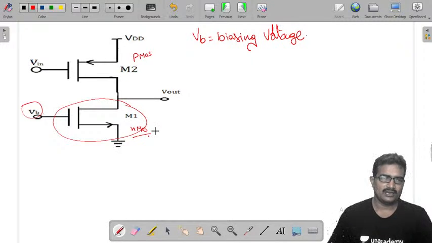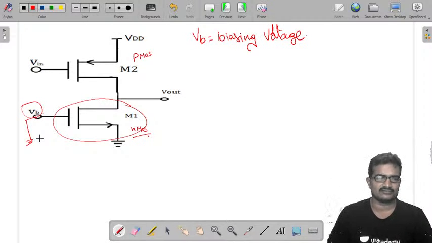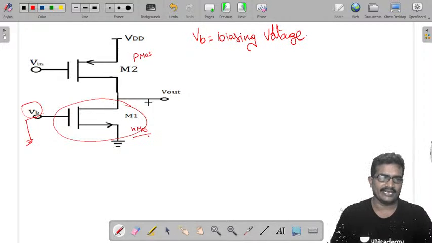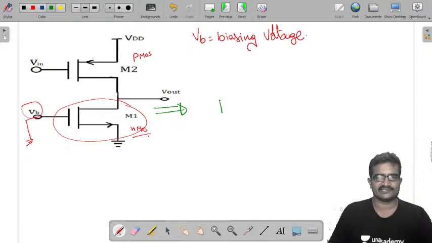Once it is biasing voltage, under general conditions, you can short circuit it to ground in AC analysis. Now, here I am going to calculate its output resistance in this direction. The equivalent resistance given by this one is simply its output resistance R01.